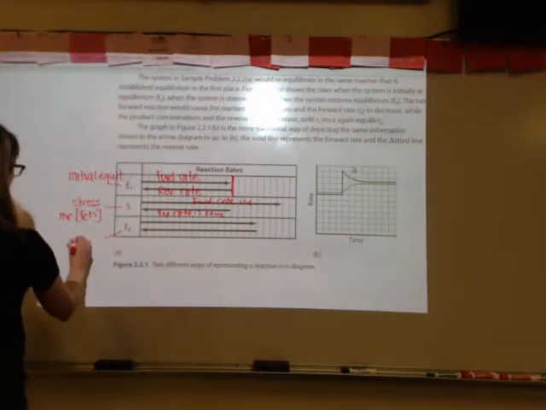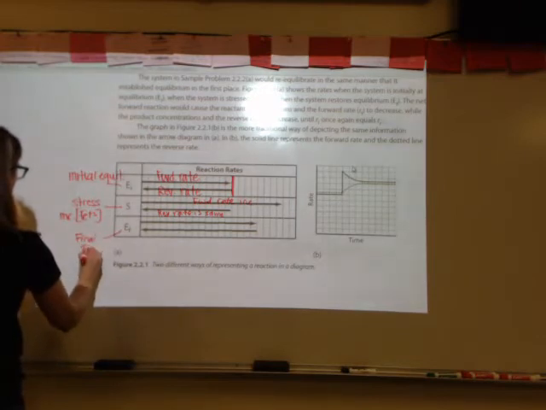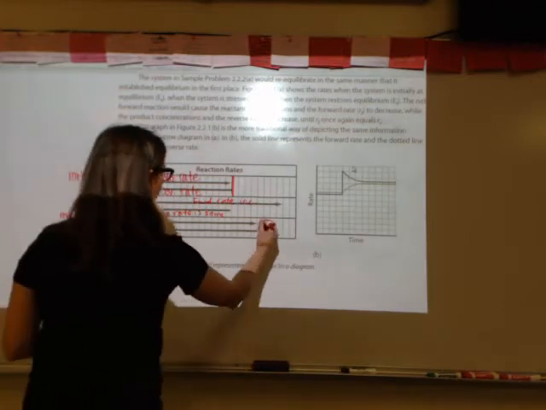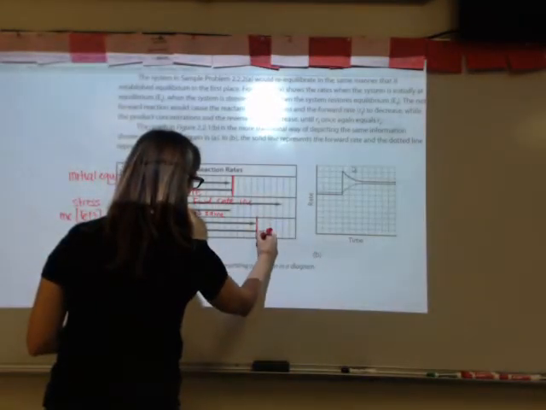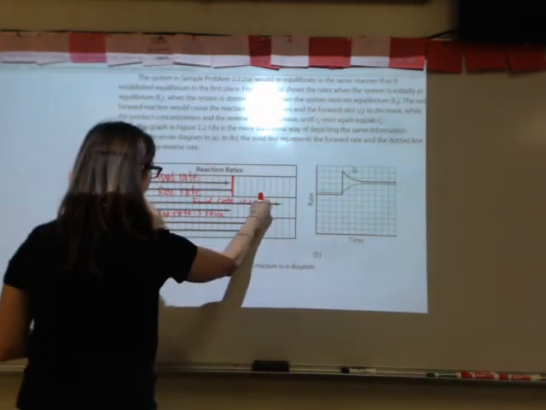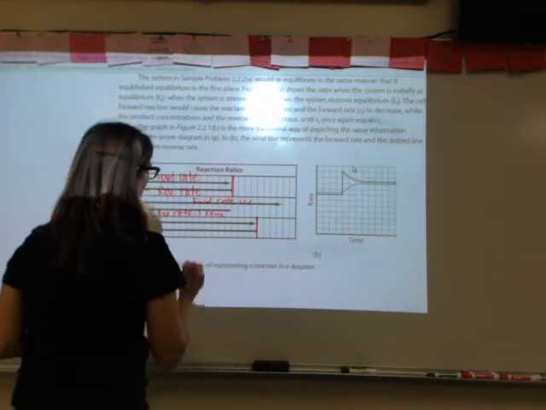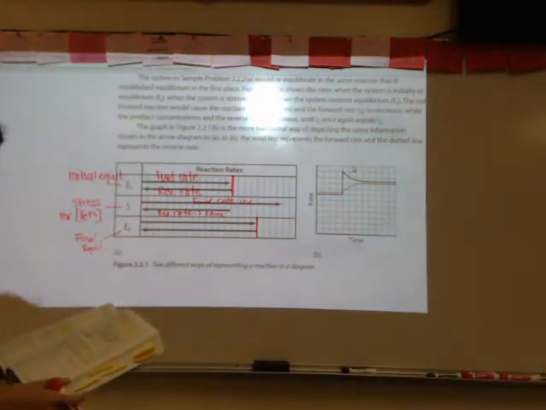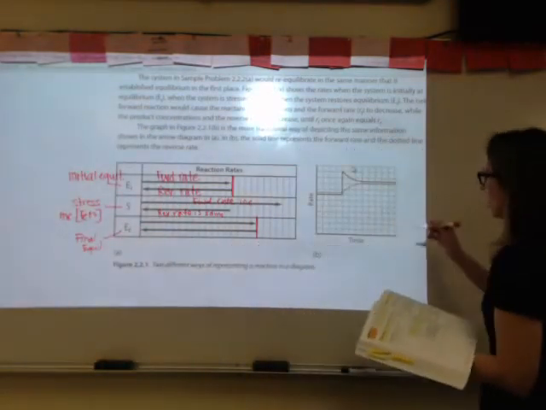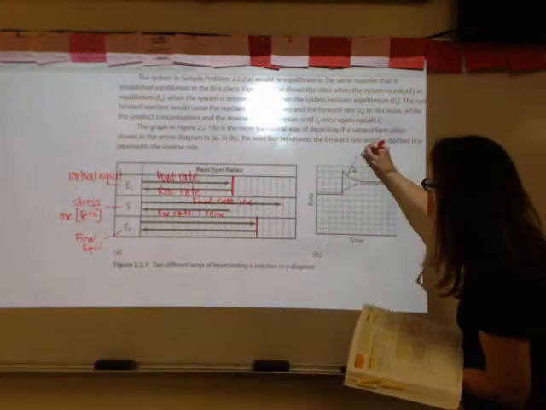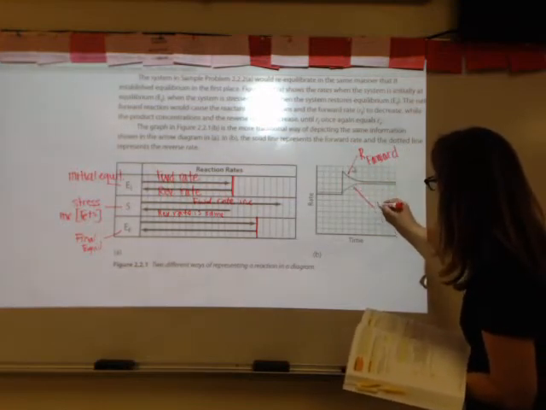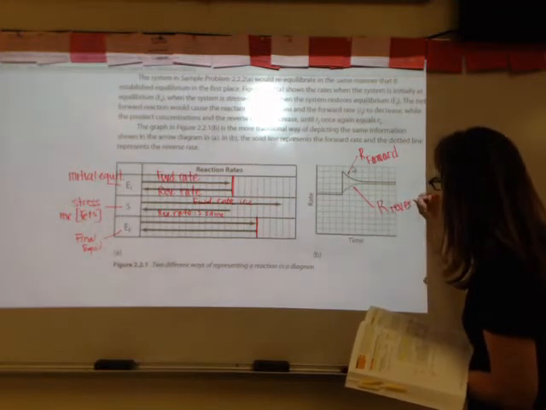Now, the final equilibrium, which is E sub F, you will notice my forward and my reverse rates are now the same. And this forward rate came down a little bit and the reverse rate increased a little bit so that they would be the same, okay? If I were to graph this over here, this solid line is the forward rate and this dashed line is the reverse rate.